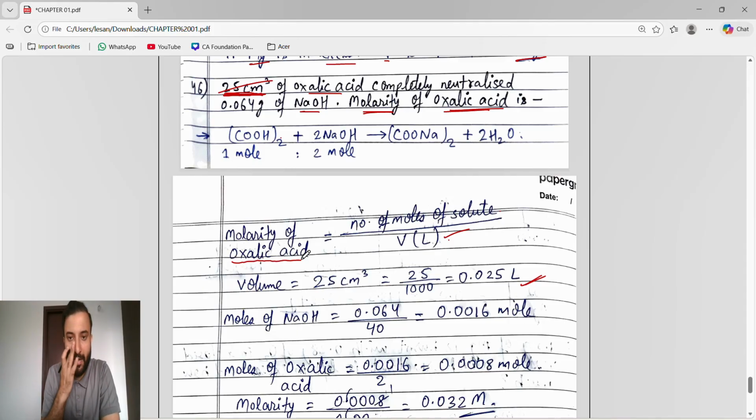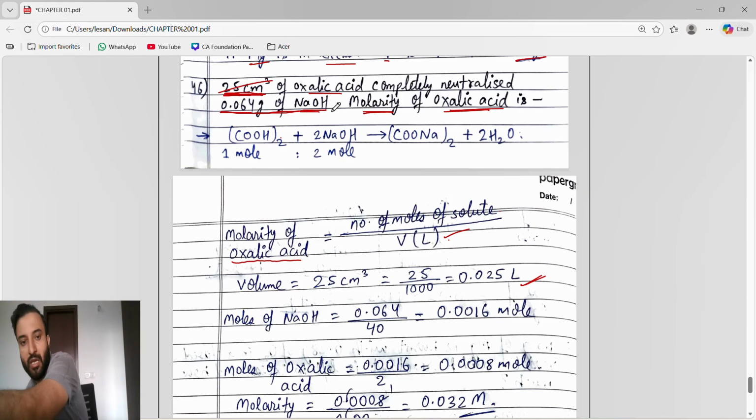So guys, for finding the number of moles, we have to take given mass by molar mass. Okay, but see, for oxalic acid we don't have a given mass. We have a given mass for NaOH, 0.064 gram of NaOH. So wait a moment.